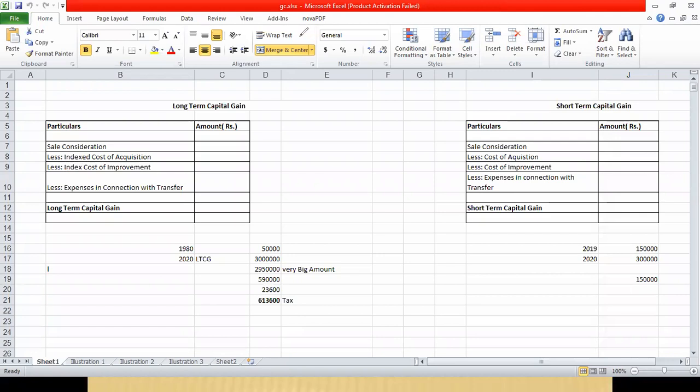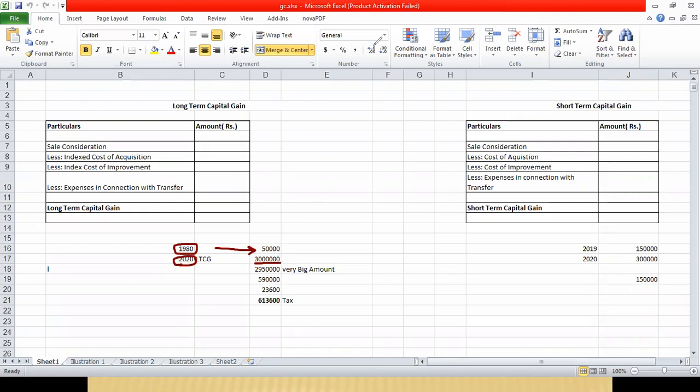Now in long term, suppose a person has purchased a property in year 1980 for 50,000. In 1980, cost was of that level only. Now, when he sells the property in 2020, he sells it for 30 lakhs.